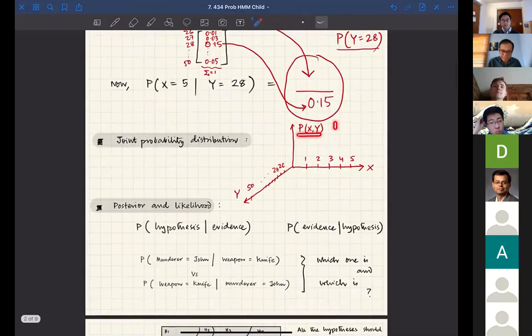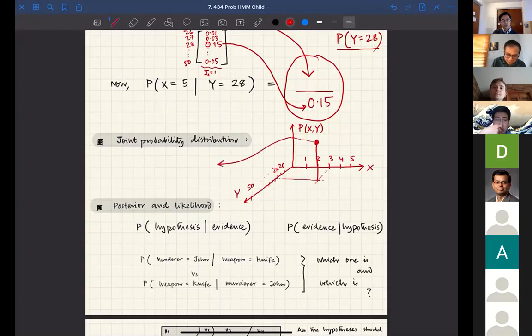So this is nothing but p of x equals 1, 2, 3, 4, 5, y equals 26, 27, 28, 29, 30, till 50. And now for every value, let's say x equals 3 and y equals 28, there is some probability, which is this value. And this value is the probability of x equals 3, y equals 28.